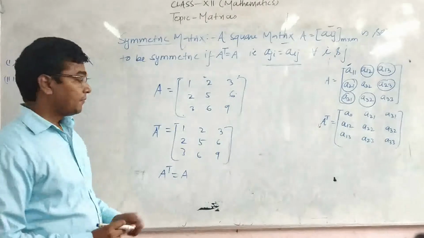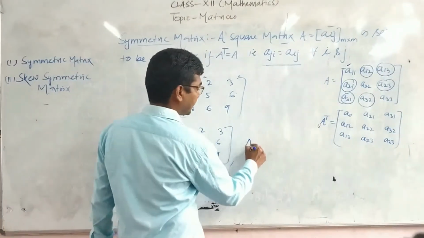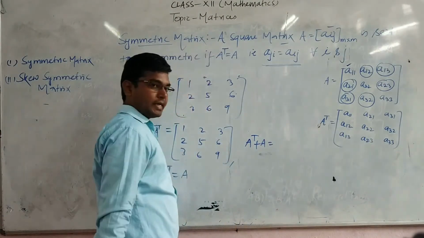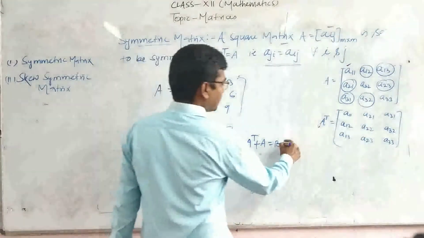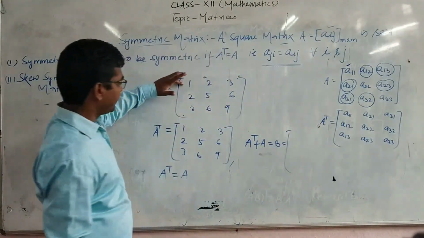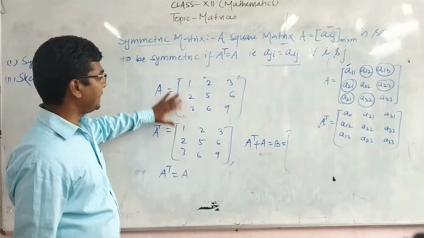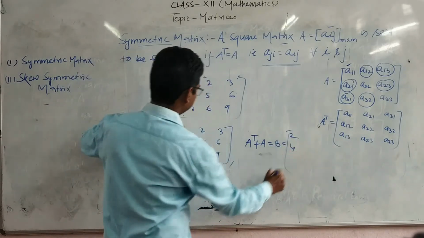Now, one interesting thing is that if you add the transpose of the matrix to the original matrix, let us take the name of this matrix B. The outcome will be the addition of these two. The corresponding elements will be added. So 1 and 1 becomes 2, 2 and 2, 4, 3 and 3, 6.